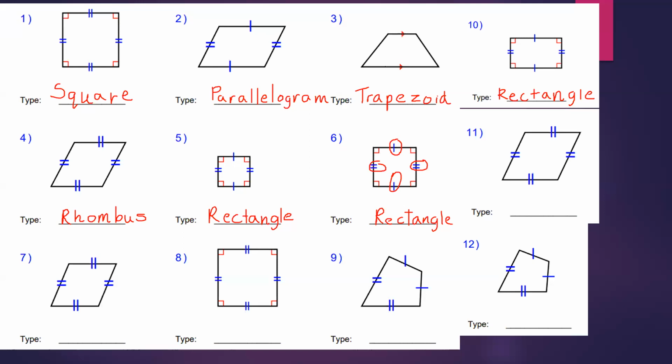Very good. It is a rhombus. Why do you think it's a rhombus, Julicia? Because all sides are equal. That's correct.